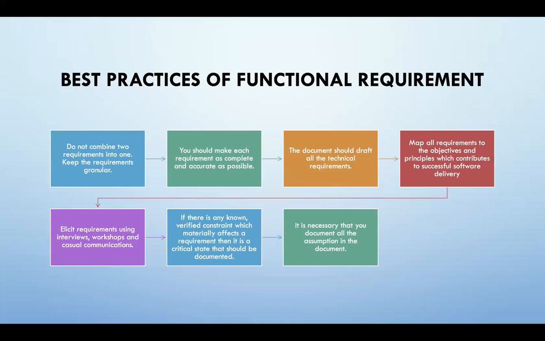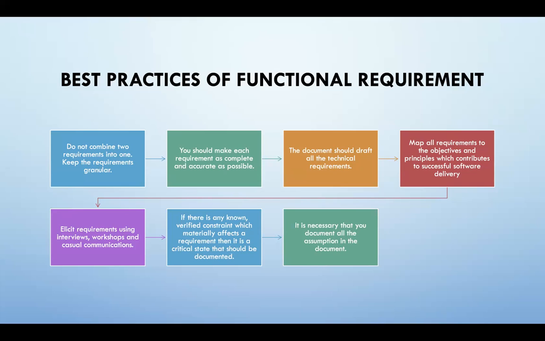The document should draft all technical requirements, and map all requirements to the objectives and principles, which are attributes of successful software delivery. Elicit requirements using interviews, workshops, and casual communications. If there is any known verified constraint which materially affects a requirement, it is critical that it be documented.